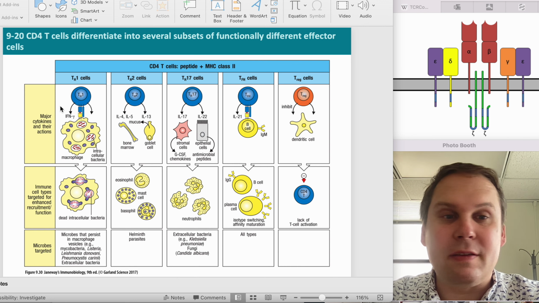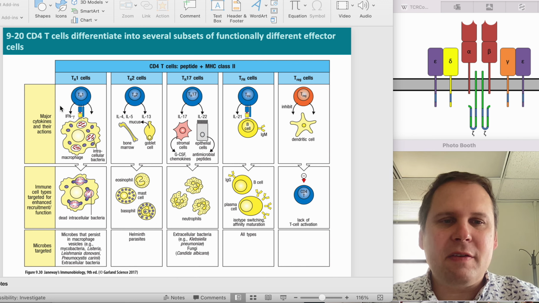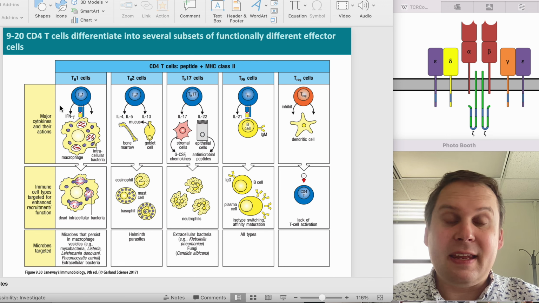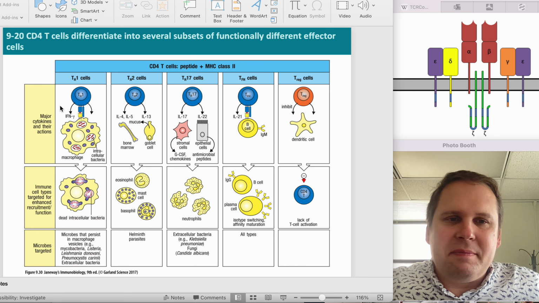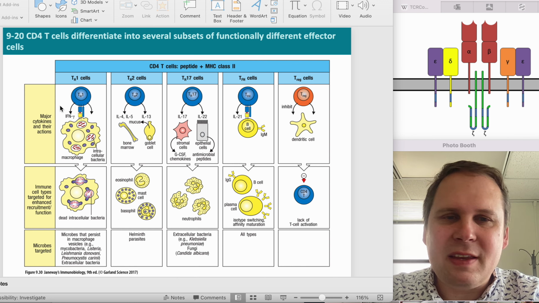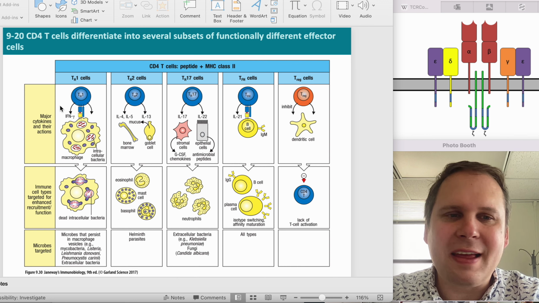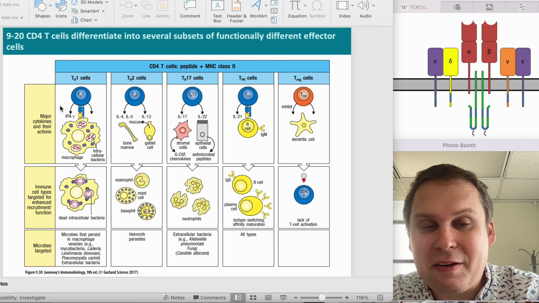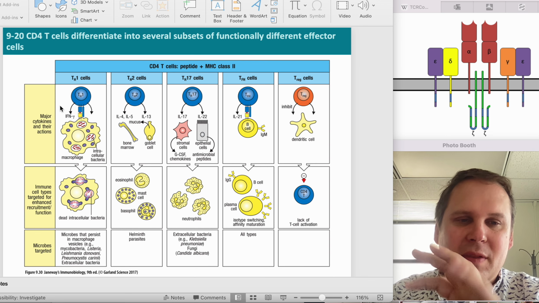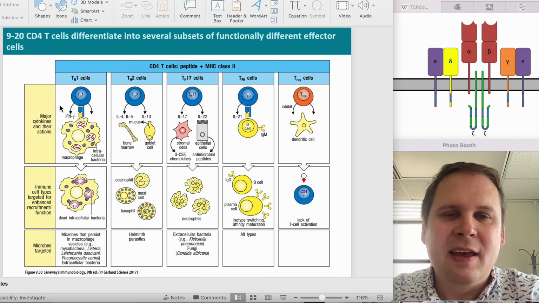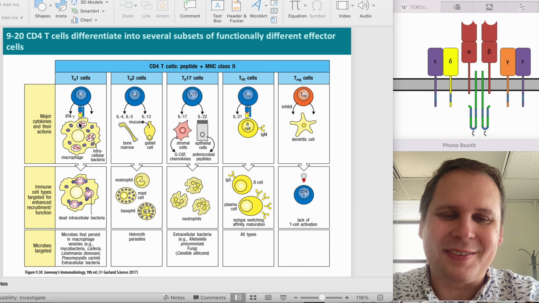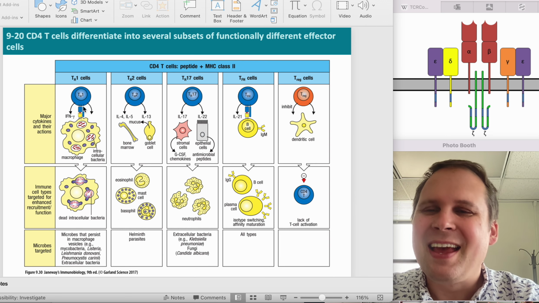So Th1 cells are in large part there to influence macrophages. And they can actually shift macrophages to different types. So in the modern interpretation of immunology, some macrophage specialists will classify macrophages as M1 macrophages if they're the kind that interact with Th1 and interferon gamma.